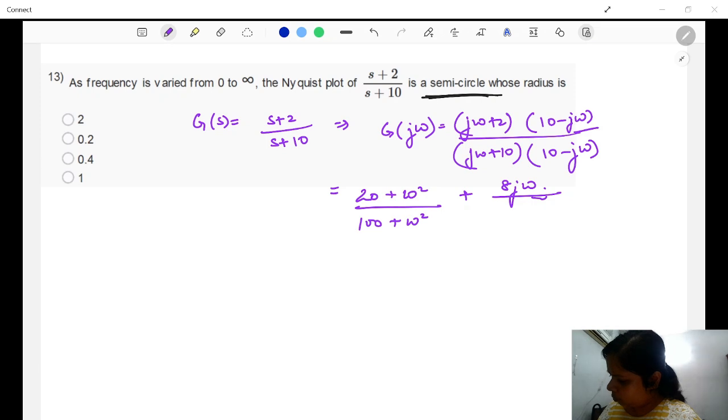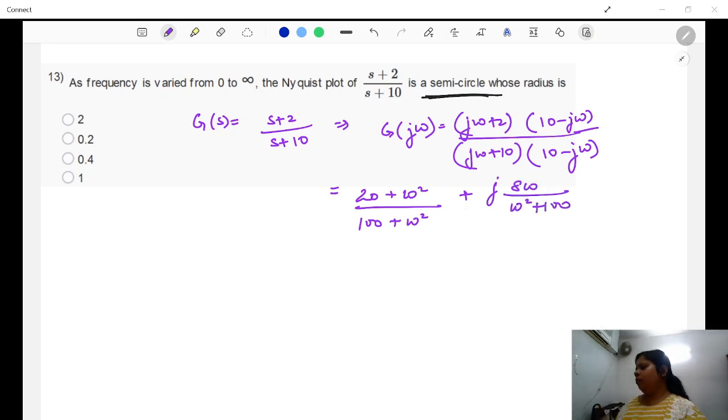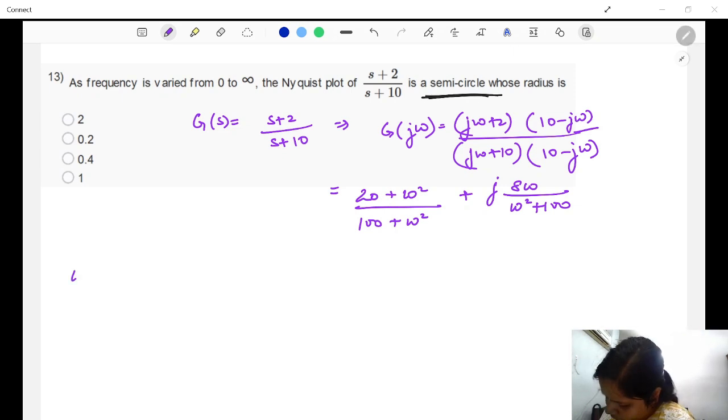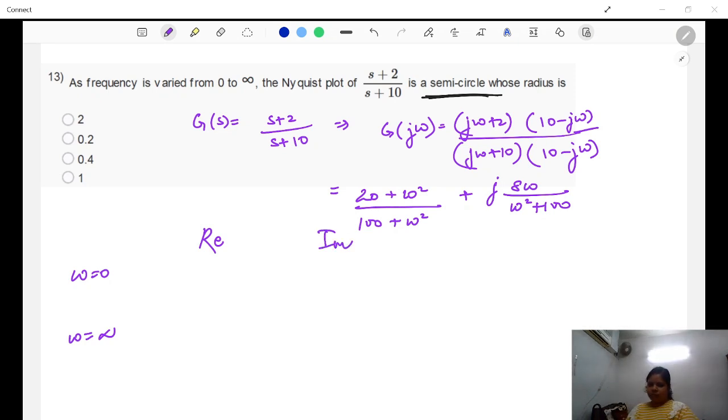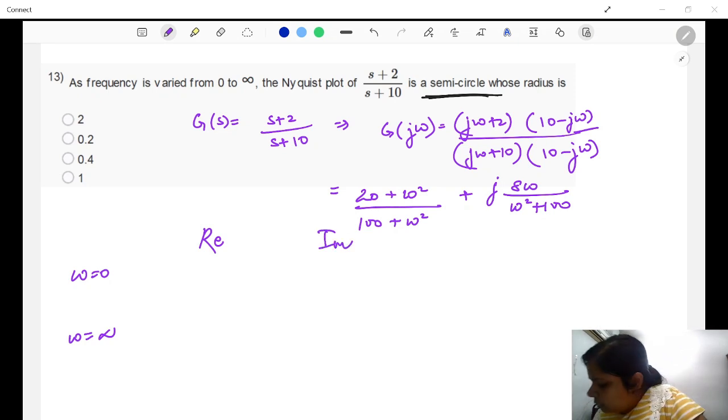I'll take this j out. This is your real part and this is your imaginary part. Now what we'll do, we'll check for omega is equal to 0 and omega is equal to infinity, the real part and the imaginary part. For omega is equal to 0, it's going to be 1 by 5, that means it is 0.2. The imaginary part is going to be 0, right?